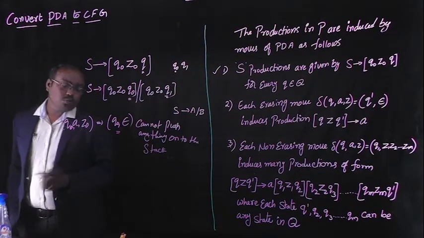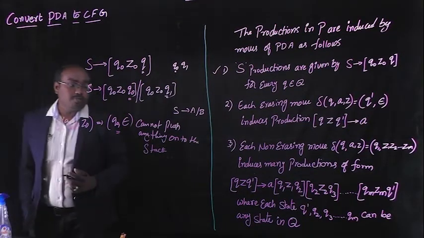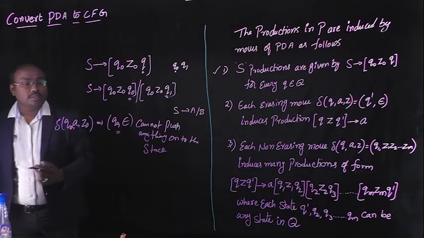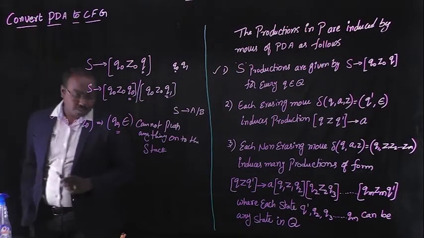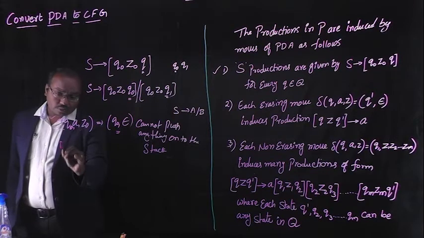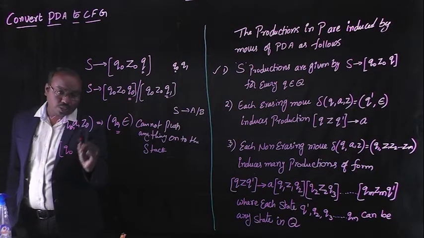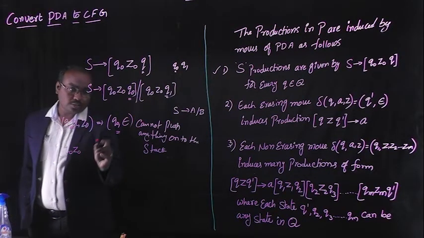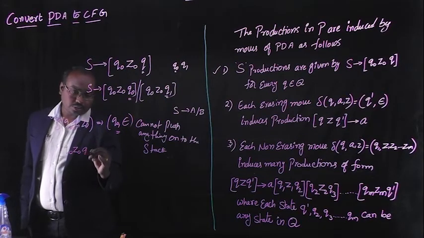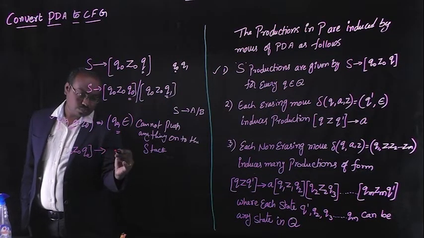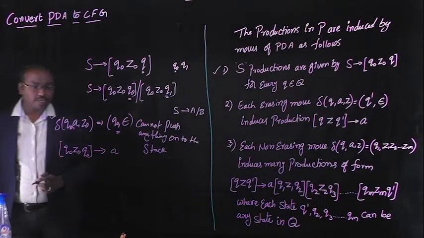So then how to form the production rule for this transition function? So then we can form [q0 Z0 q0] tends to a. So in this way we can write the production rules.